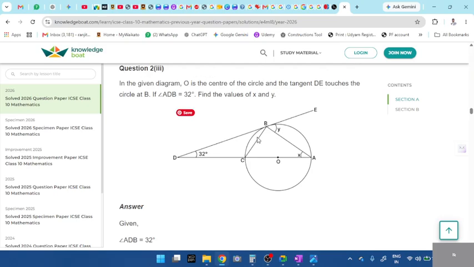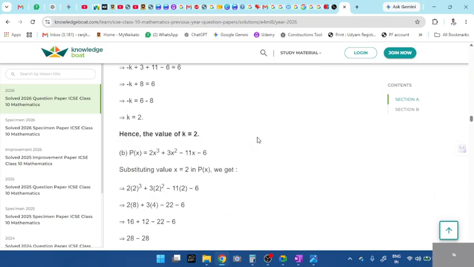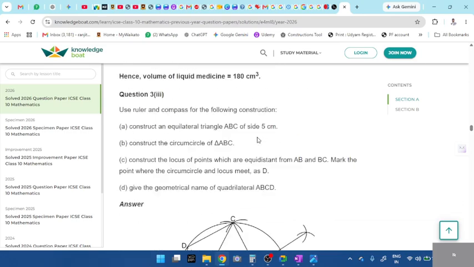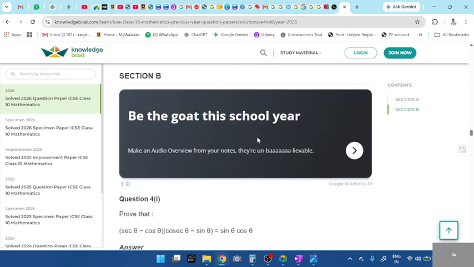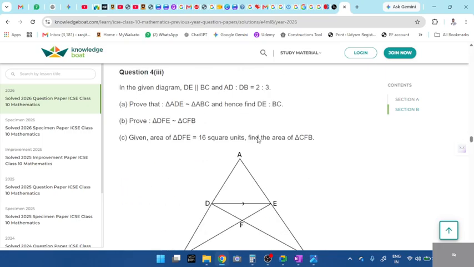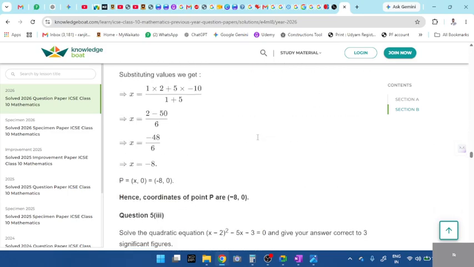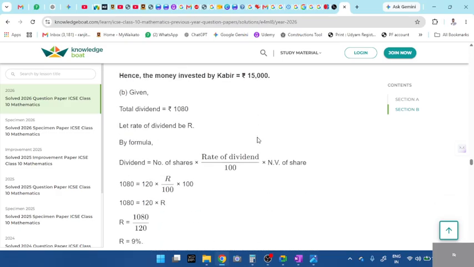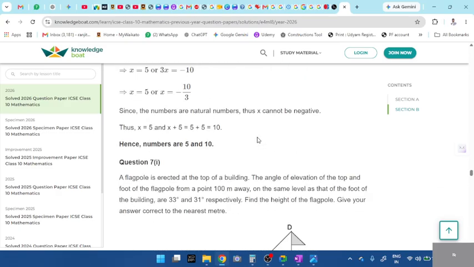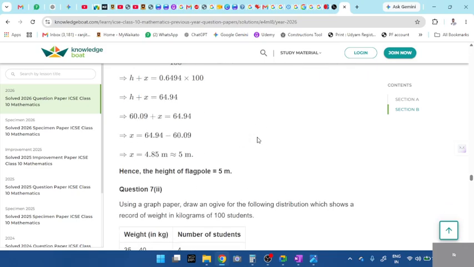See, this is the one we did. Heights and distance.